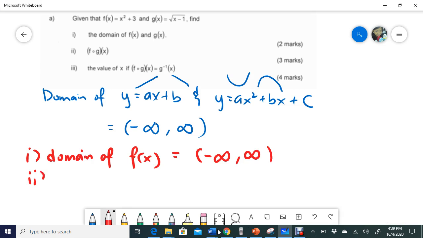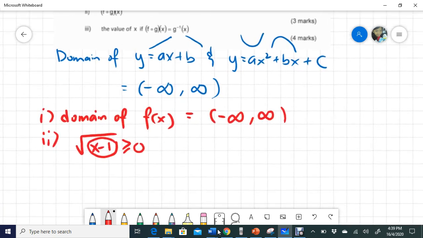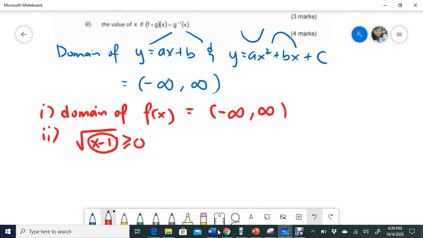Just now, what you need to do, you must ensure the function inside is more than or equal to 0. So in this case, how? You don't write like this, please.